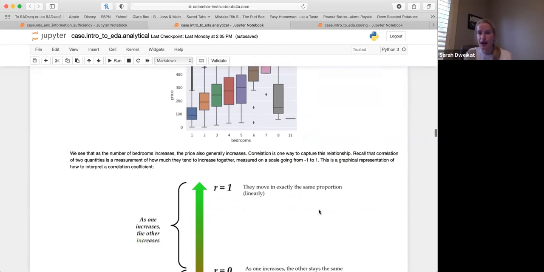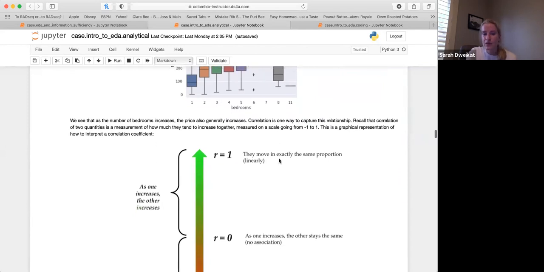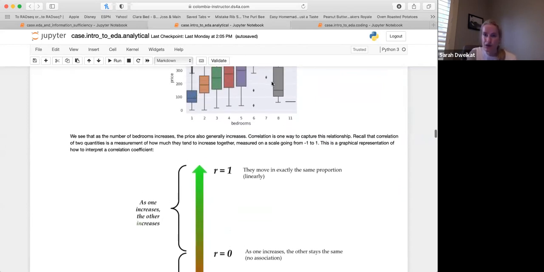I'll go back to someone's point about the 8-bedroom thing. This would generally, we would imagine, be a positive correlation. As one increases, so does the other. But because we have these other data points that don't necessarily hold on that trend, that will lower our R value for the correlation.